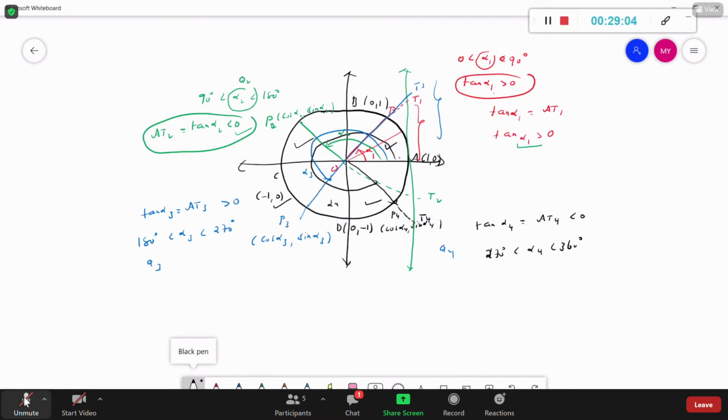So this AT4 will be equal to this ratio by this ratio. Numerically equal, but by the similar triangle concept, we can tell that AT4 will be equal to sin alpha 4 by cos alpha 4.